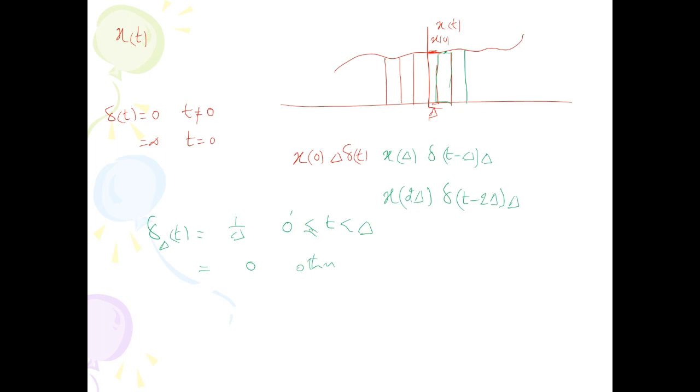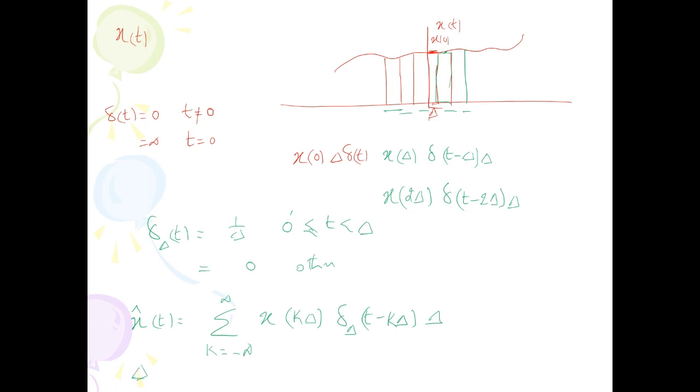So in order to reconstruct the original signal, x cap of t will be equal to the summation of x of k delta into delta of t minus k delta into delta, where k goes from minus infinity to plus infinity, adding all these pulses.